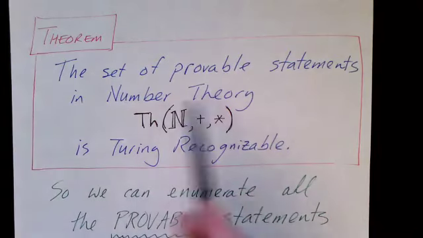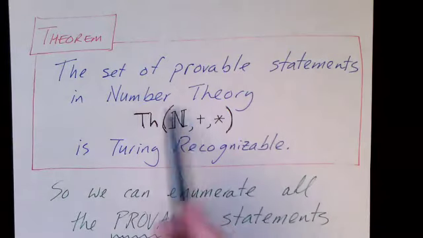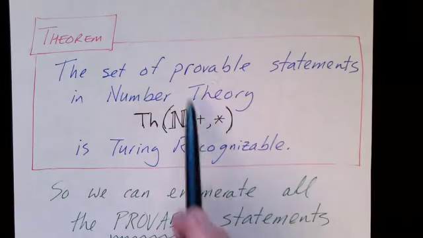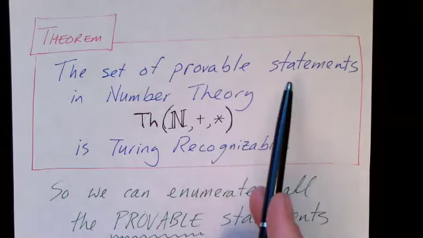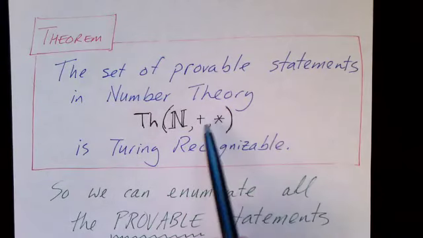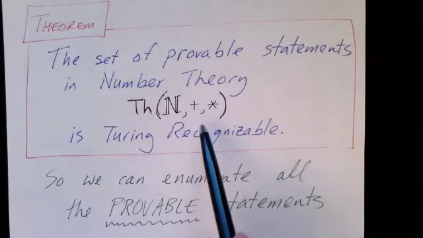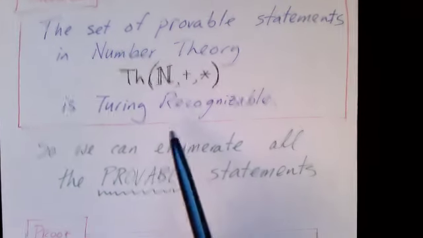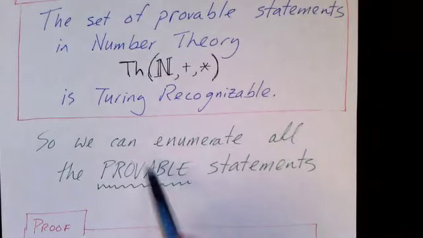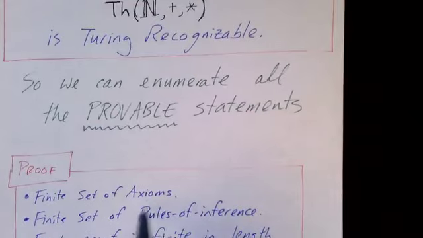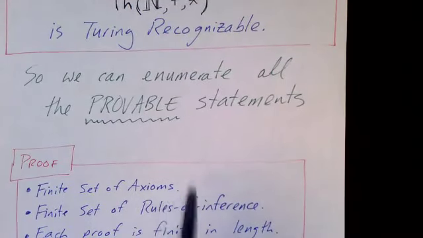So the set of provable statements in number theory is Turing recognizable. In other words, the set of statements that we can prove using first-order predicate logic and operations like plus and multiplication is Turing recognizable. And how can we know that? Well, we can enumerate all the provable statements.